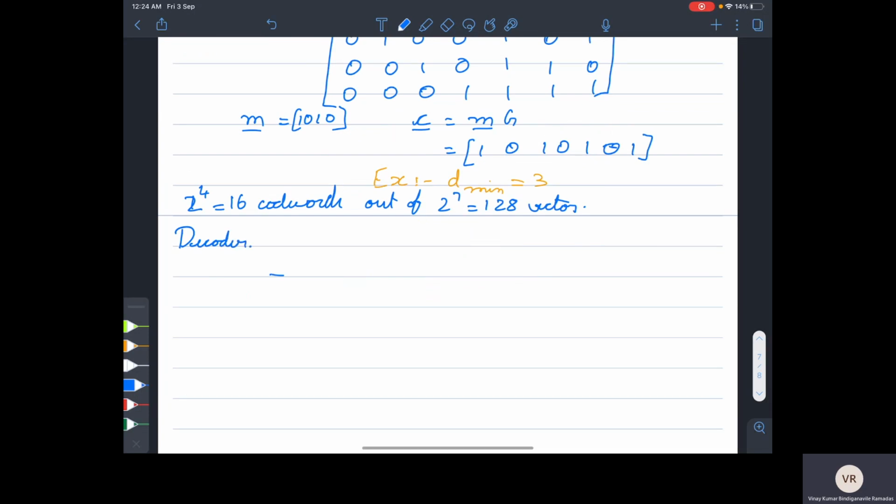For the decoder, when the code word is sent across the channel, you receive a particular vector y. All right.